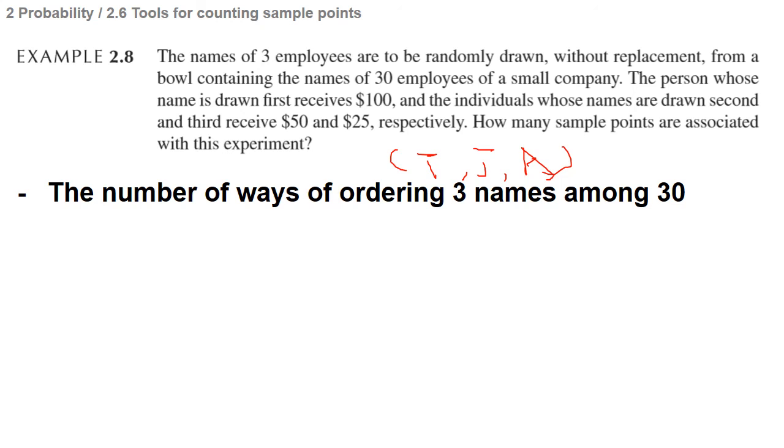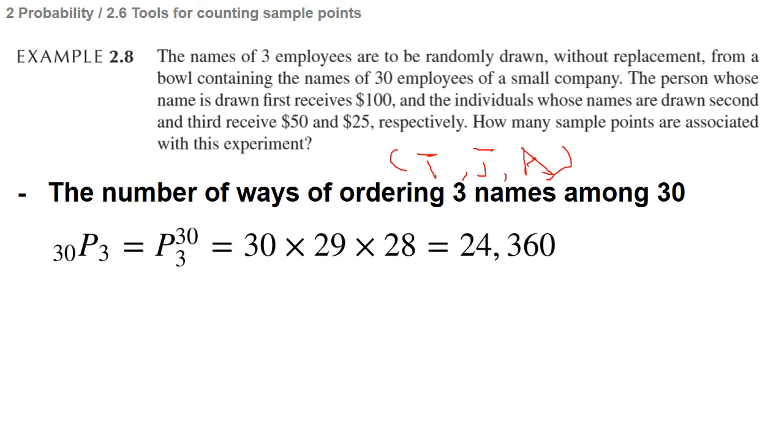Okay, and actually this is 30P3, which is 30 times 29 times 28. For the first person to receive $100, there are 30 possibilities. All names are possible, so there are 30 chances.